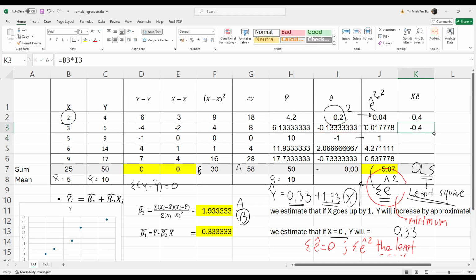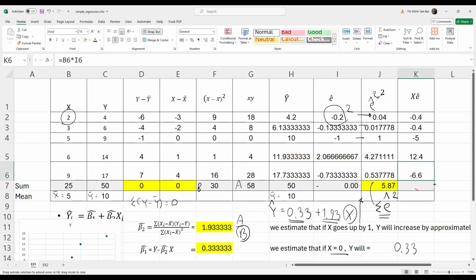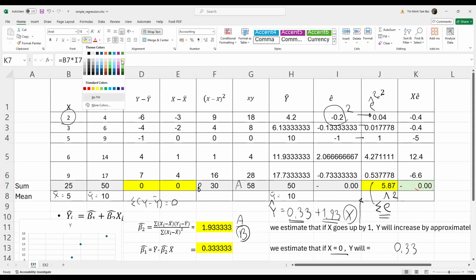Do it for all and then sum. It became complicated, so just delete some text and then sum it. And you will get the zero number again.